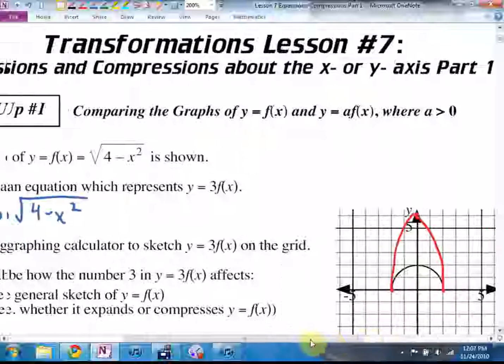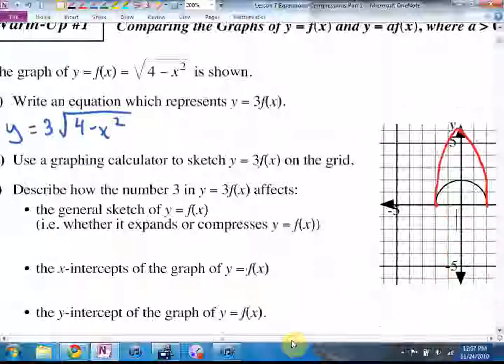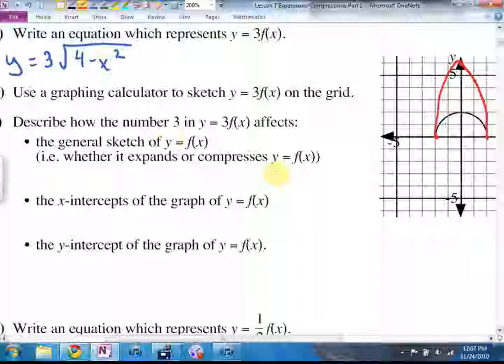Okay. So it says use a graphing calculator to sketch y equals 3f of x on the grid. We did that. It says describe how the 3 affects the original. First of all, did it expand, make taller, or compress, make smaller?